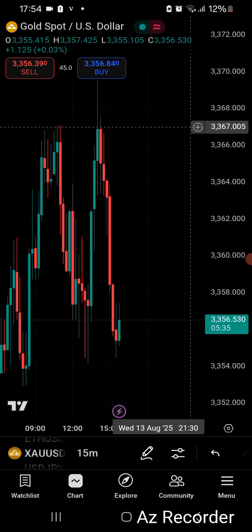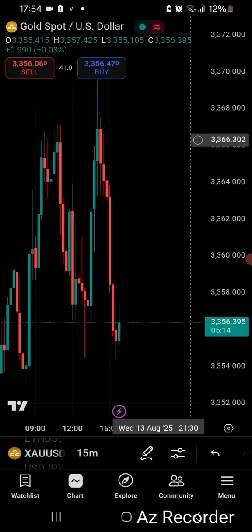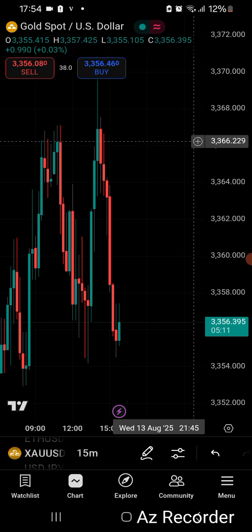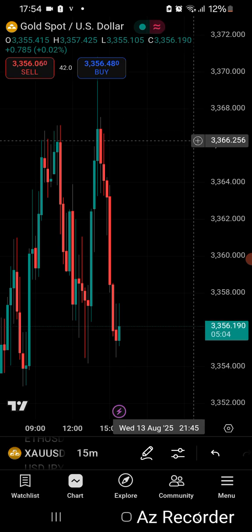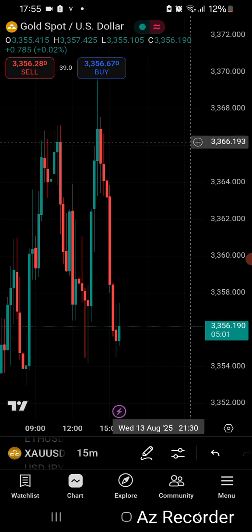Imagine you're jumping on a trampoline with a net covering the whole top. You want to jump out from above, but the net prevents you. Basically, that's what resistance does. It prevents buyers from jumping out of the trampoline.